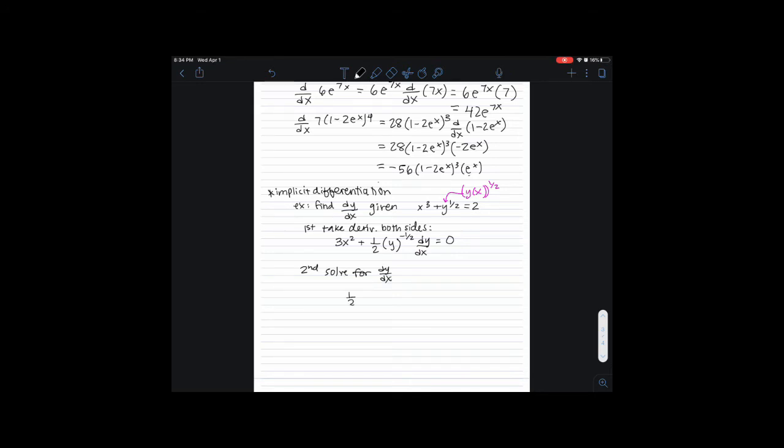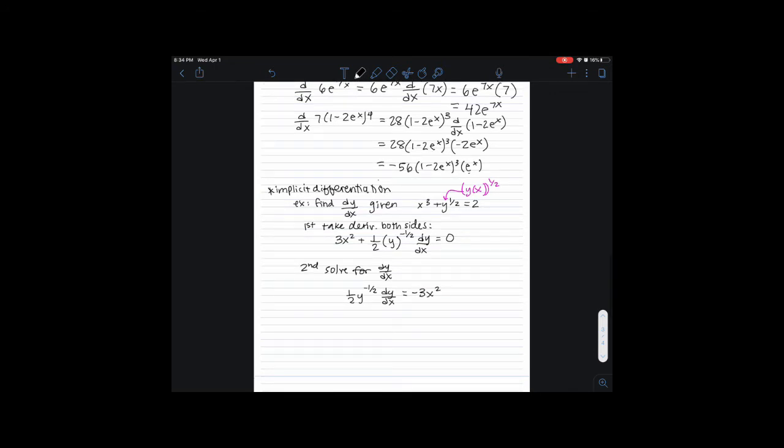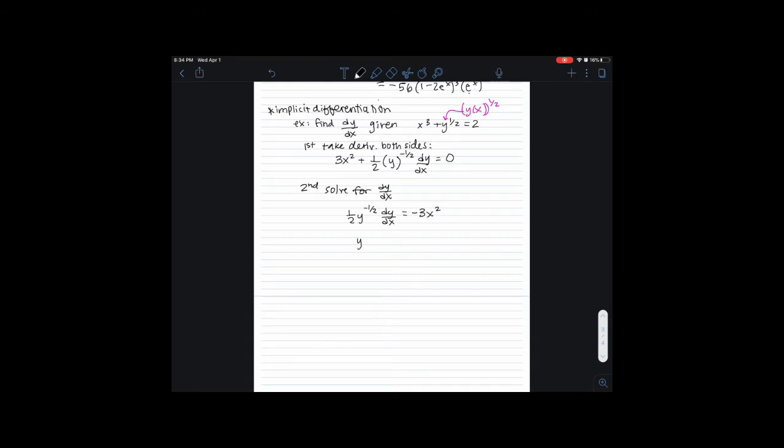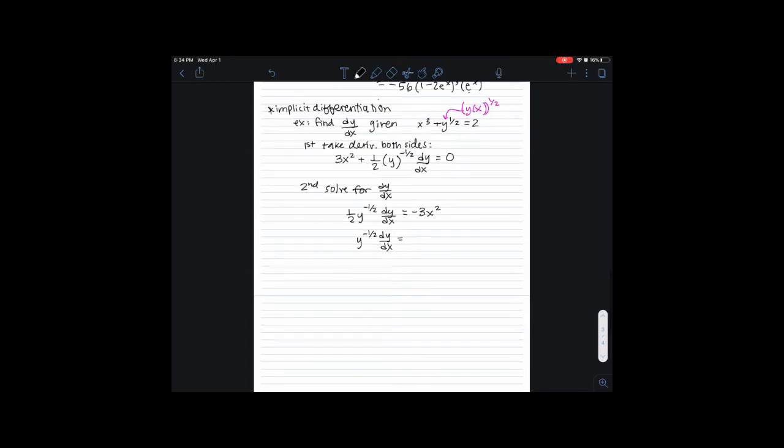So we'll get 1/2 y to the negative 1/2 dy dx is equal to negative 3x squared. And then I need to multiply by, sorry, not multiply by negative 1/2. I need to multiply by 2 to get rid of the 1/2. And I get negative 6x squared.